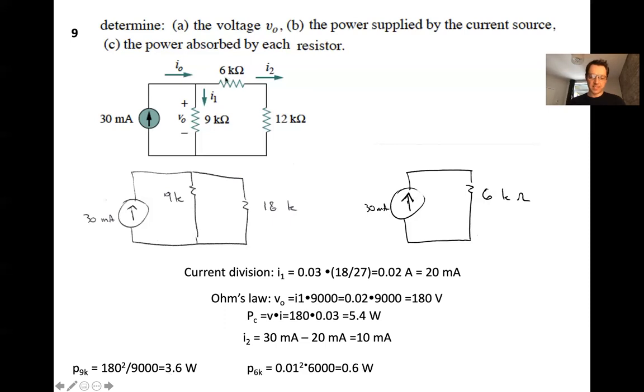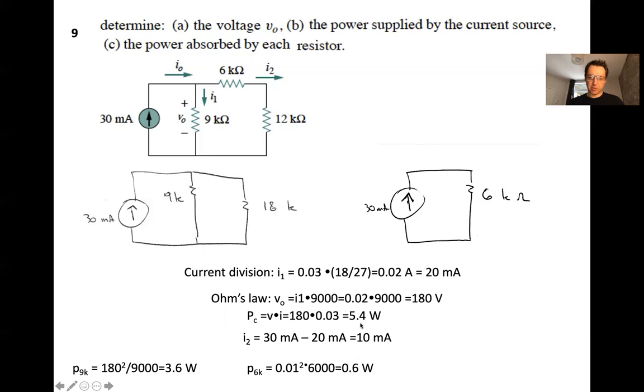Now moving to the 6 kilo ohm resistor, we know that its current is equal to I2, which is 10 milliamps. Another equation for power is I squared times R. So 0.01 squared times 6,000 ohms gives us 0.6 watts.